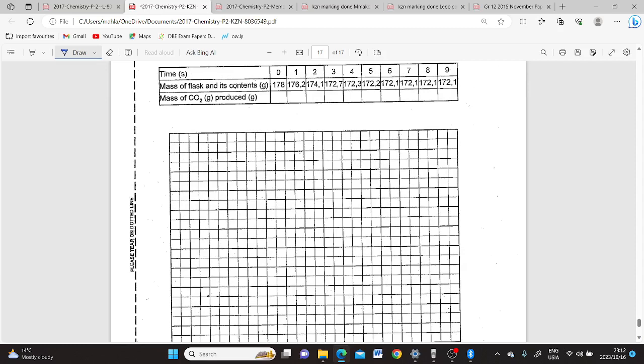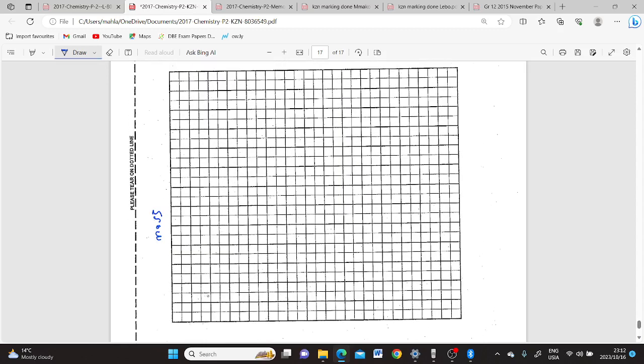This is what we need to have. So this side we must have the mass, and of course versus time. So this side will be time in seconds. So this side will have the mass in grams.